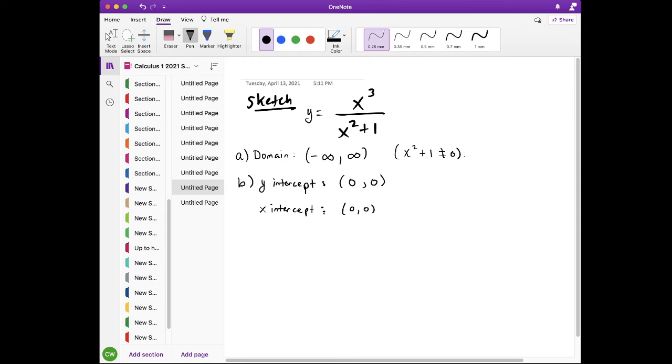Do you remember what the multiplicity of an x-intercept is? Sometimes this doesn't matter. What's the multiplicity of the x-intercept? Right, the power of the factor. Multiplicity 3. Do you remember what multiplicity tells you, by the way?